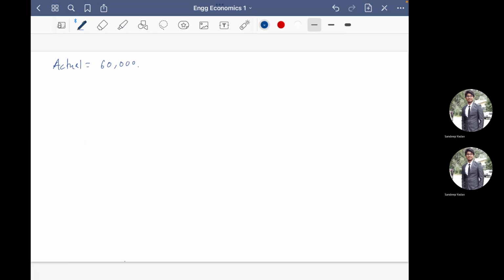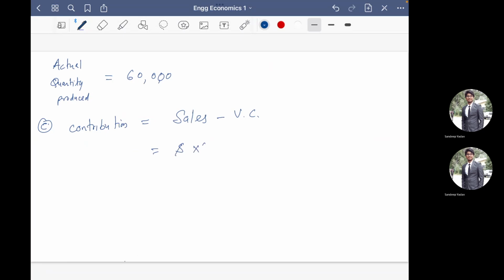Now contribution will be sales minus variable cost, and that will be S into Q minus V into Q. We can calculate 200 into 60,000 quantity produced, minus variable cost 100 rupees into 60,000 quantity.